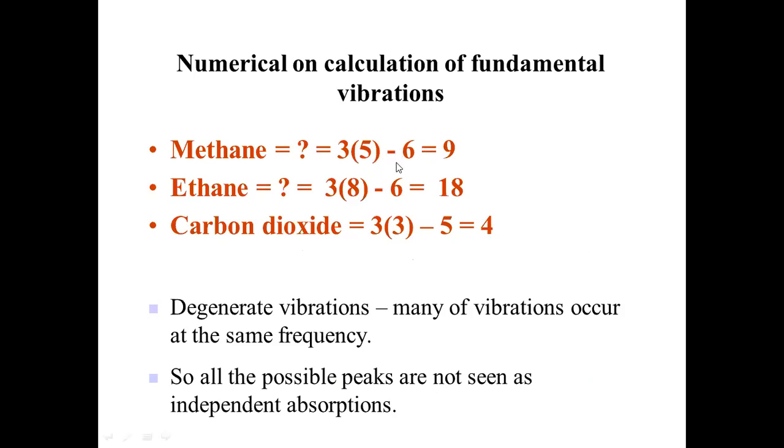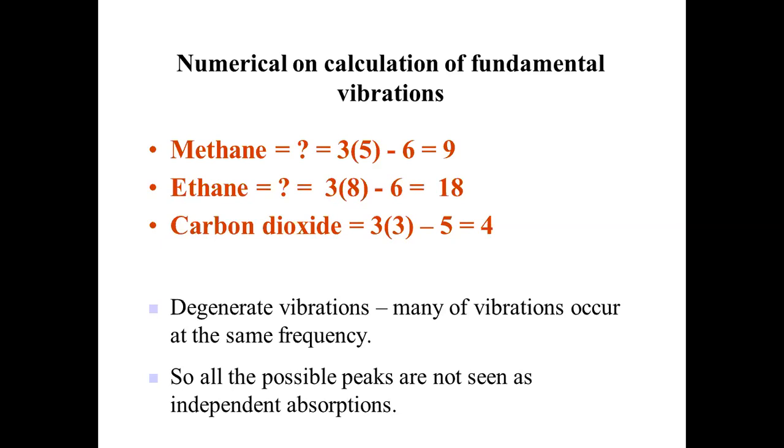Now, what is the significance of calculating vibrational modes? As I've said, if you know how many different ways the molecule is deforming, it will give us an idea about how many bands we can expect in an IR spectrum. So for methane, if the total vibrational modes are 9, it means it can absorb that many different wavelengths, and it should give rise to that number of bands.